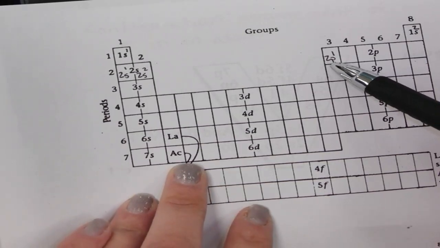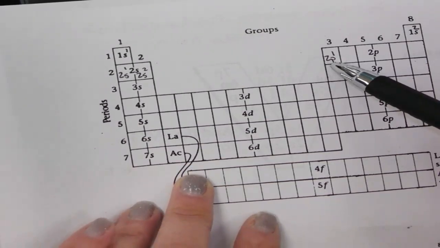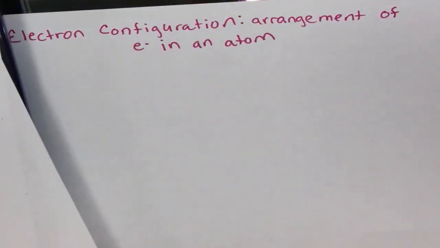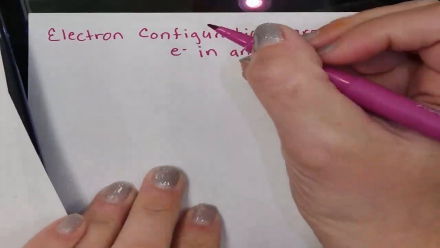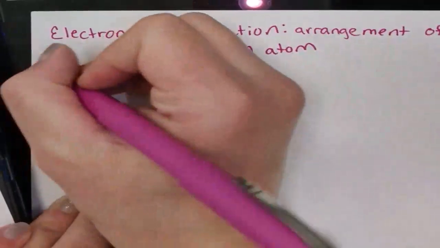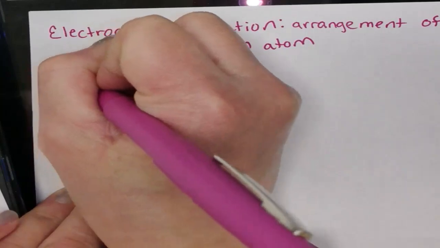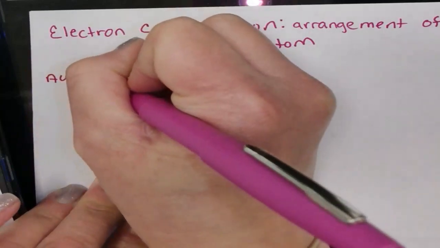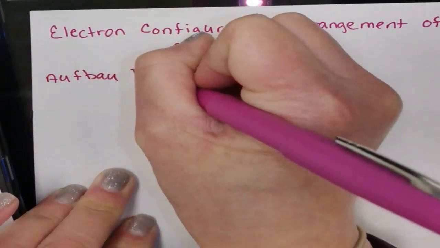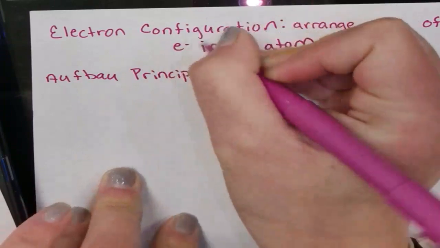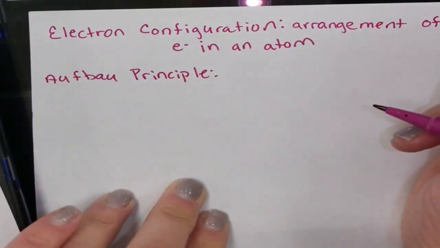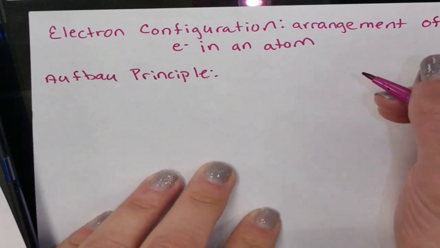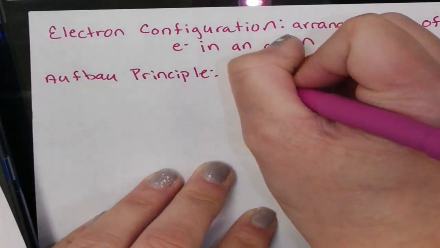So this brings us into several different concepts. The first concept we're going to look at is called the Aufbau principle. And this simply states that electrons are going to fill the lowest energy level first.